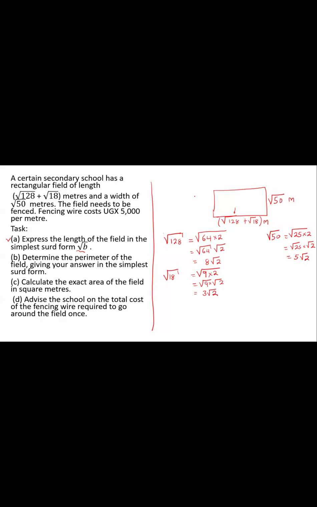Now, from here, we are still on part A. We are going to start now part A. They are telling us to find the length of the field in simplest form. So I'm going to come here and say, our length of the field is given by root of 128 plus root of 18. Now, what is root of 128?